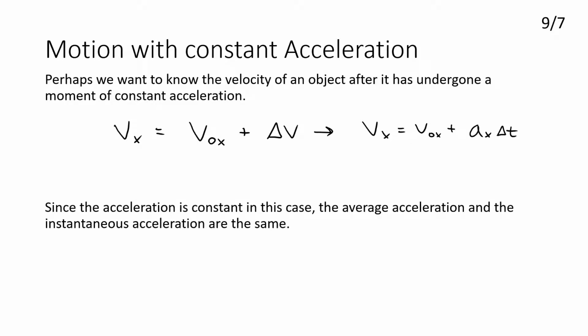And this is something that's brought up. I went over instantaneous versus average velocity. Well, it's the same thing with the acceleration. But in this case, we're only looking at constant acceleration, so the average value will be the same as the instantaneous value.